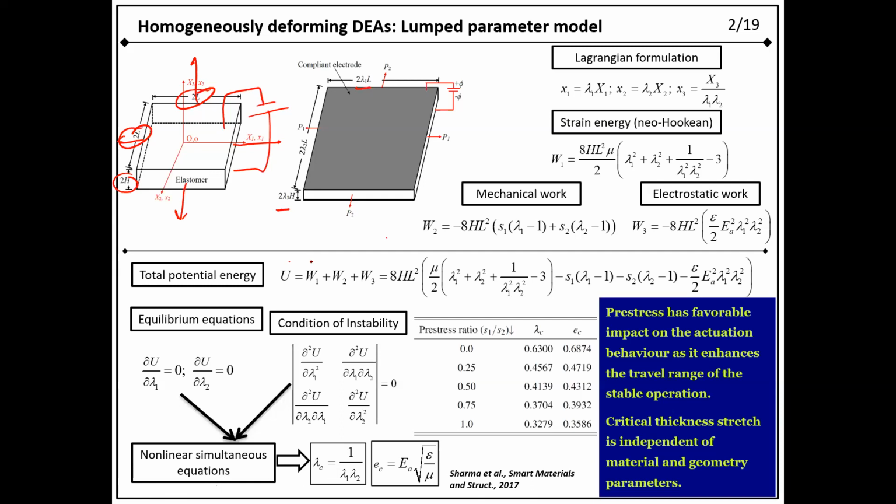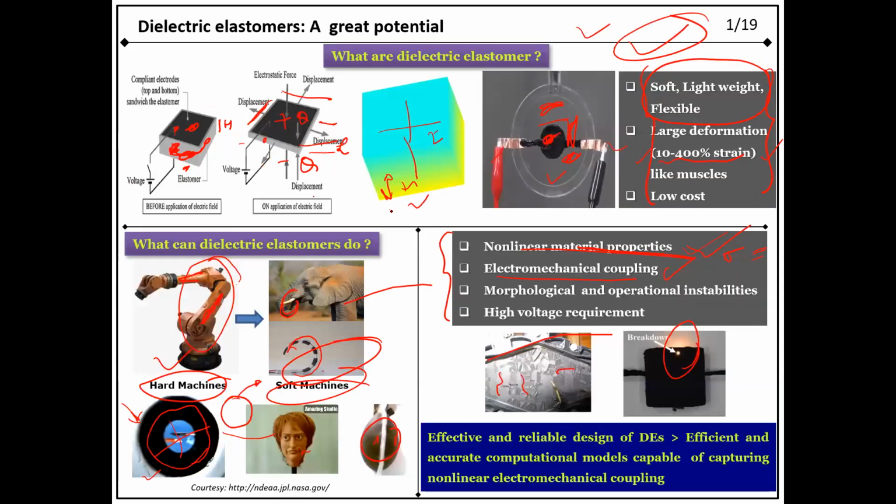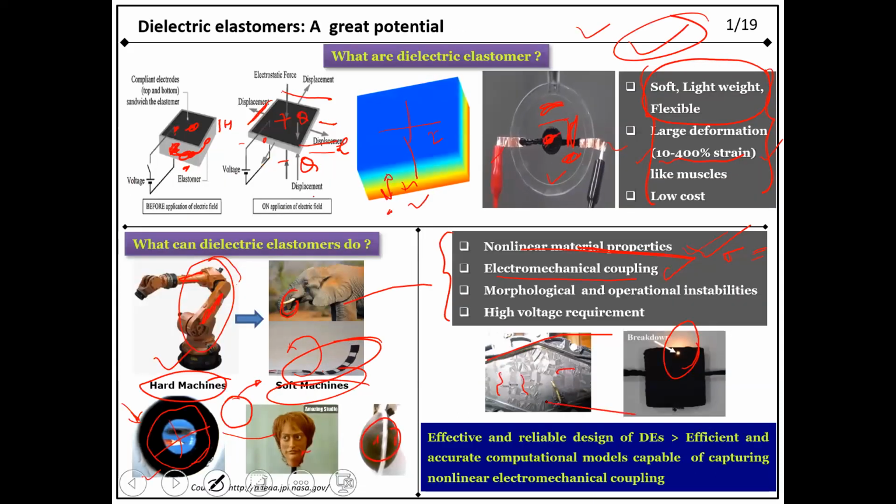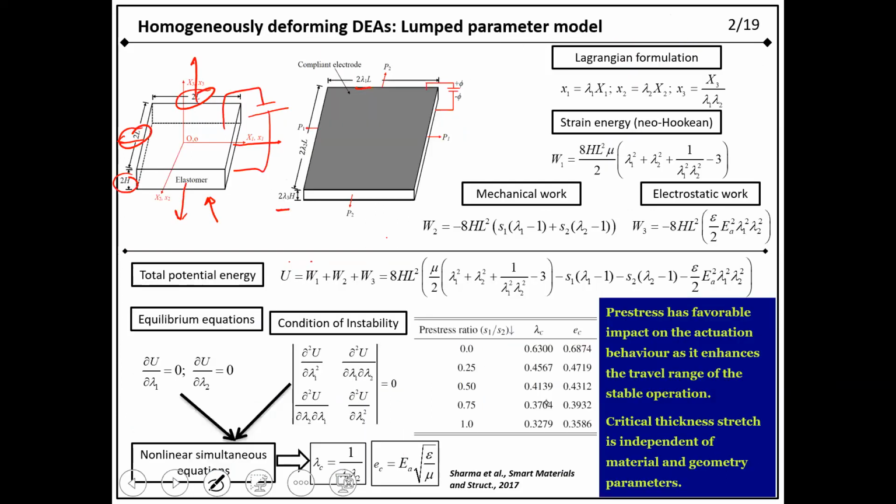One thing that I told you is that such materials are volume preserving, meaning the volume will remain constant. So the volume in the undeformed configuration and in the deformed configuration will remain the same. We can establish a relationship between the parameters lambda 1, lambda 2, and lambda 3.